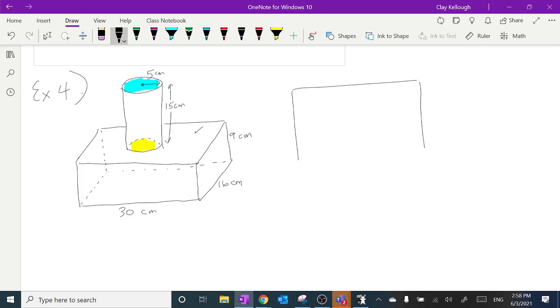If you were looking straight down at this object, it would look like this, right? And I just shaded that part blue. So it's a rectangle with a circular hole in it. But that hole is exactly the same as this circle. So I actually don't have to calculate any missing circles.